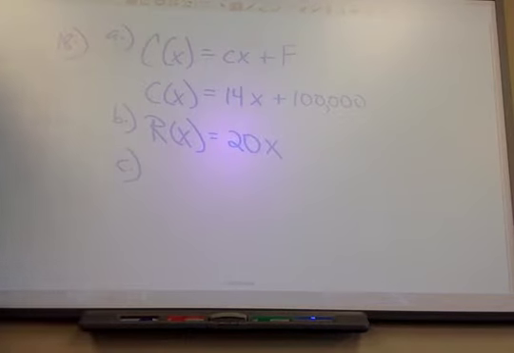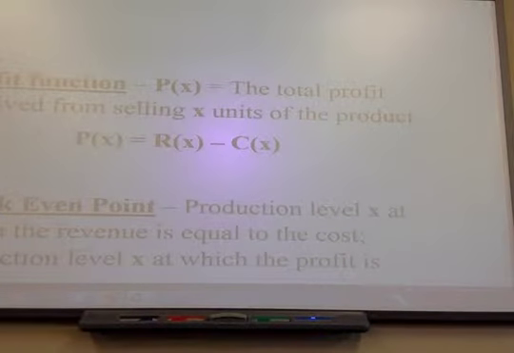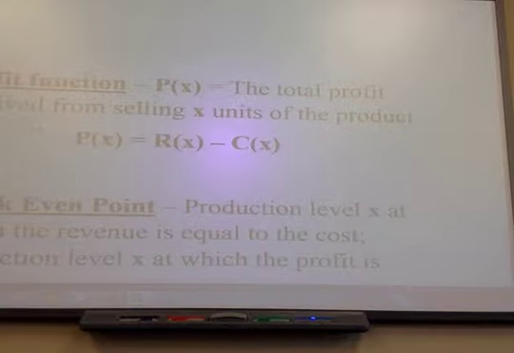And then part C is going to say, what's the profit function? Profit is the total profit received from selling X units of the product. The way we get profit is the revenue minus the cost, the money we bring in minus what we spend.